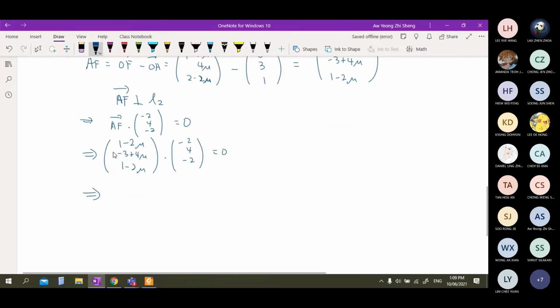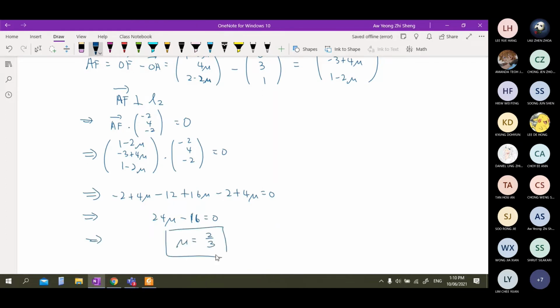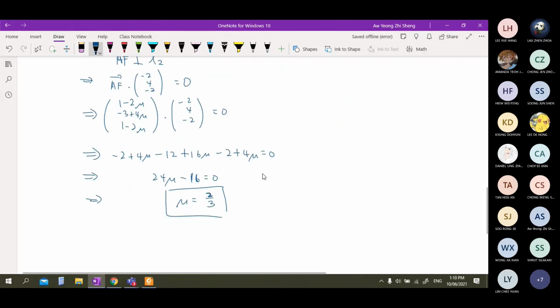Solve this equation, expand the dot product. And we get 2/3 as the specific value of mu.